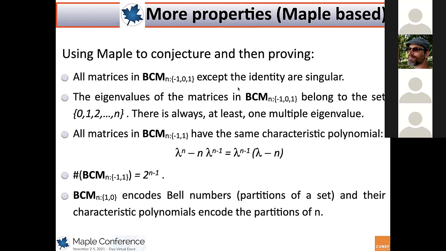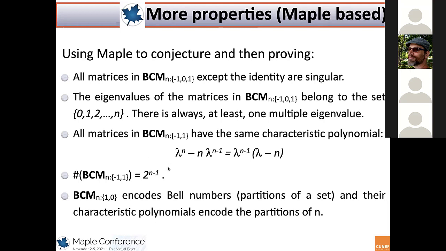Moving to the population -1 and 1, all Bohemian correlation matrices with this population have exactly the same characteristic polynomial, and we have been able to derive in this case the number of those Bohemian matrices which are also correlation matrices.